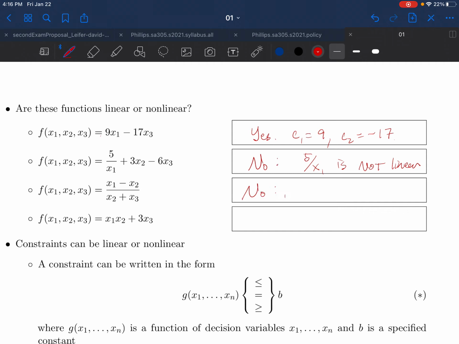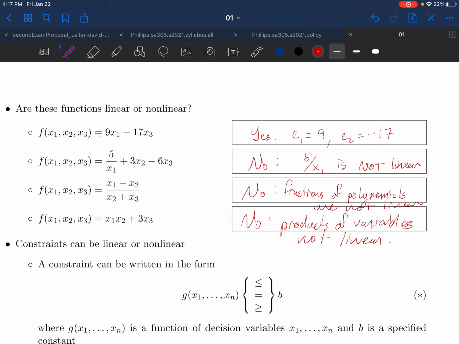This is a fraction. Fractions of polynomials are not linear. And here, no. Products of variables are also not linear.